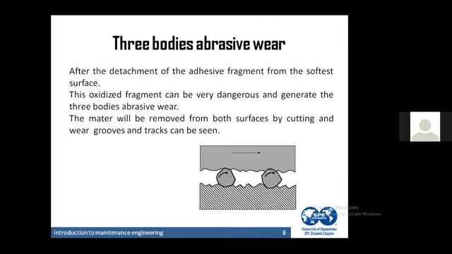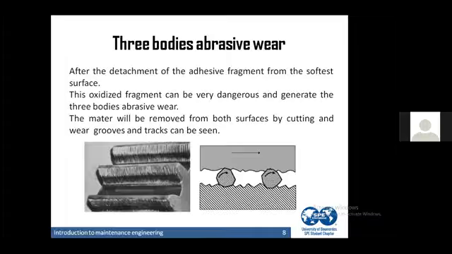This fragment actually will oxidize after leaving its surface, and it will be very dangerous and generate the abrasive wear. In this shear, we can see this mode of wear, which is abrasive wear.